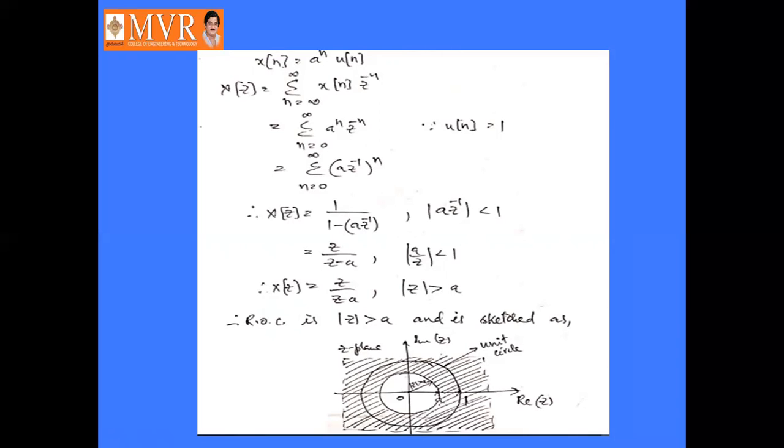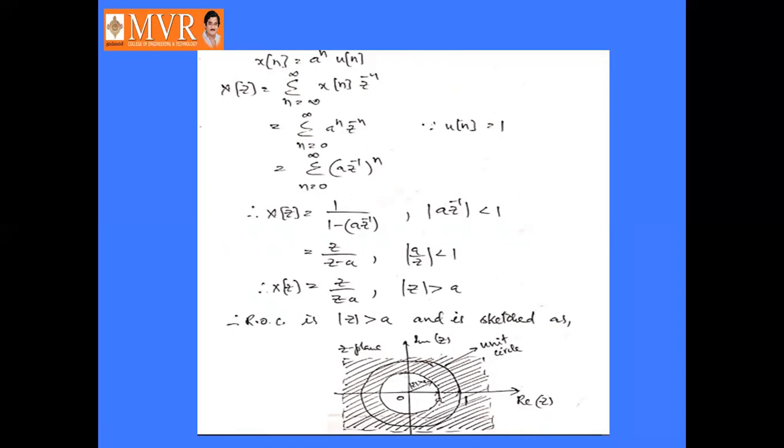Or we can write this as sigma n equal 0 to infinity a into z power minus 1 whole power n, which is in the form of alpha power n. So its solution is 1 by 1 minus alpha. Here alpha is a into z power minus 1, right?